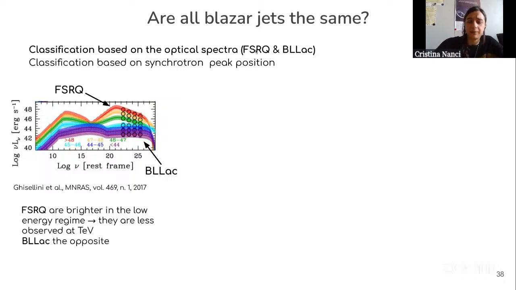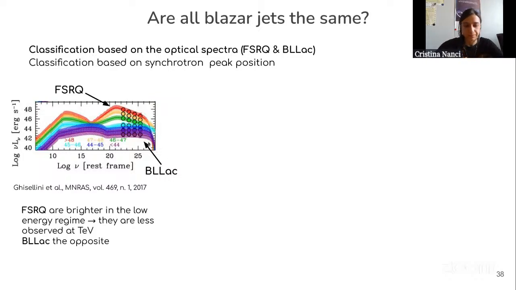We divide them between flat spectrum radio quasars and BL Lacs, where flat spectrum radio quasars show optical spectra with emission lines, while BL Lacs have featureless, flat optical spectra. What we observe from a multi-wavelength point of view is that FSRQs are brighter in the low energy regime, and they cannot reach the TeV energy range, while for BL Lacs we observe the opposite situation: less bright sources, but emitting at TeV.